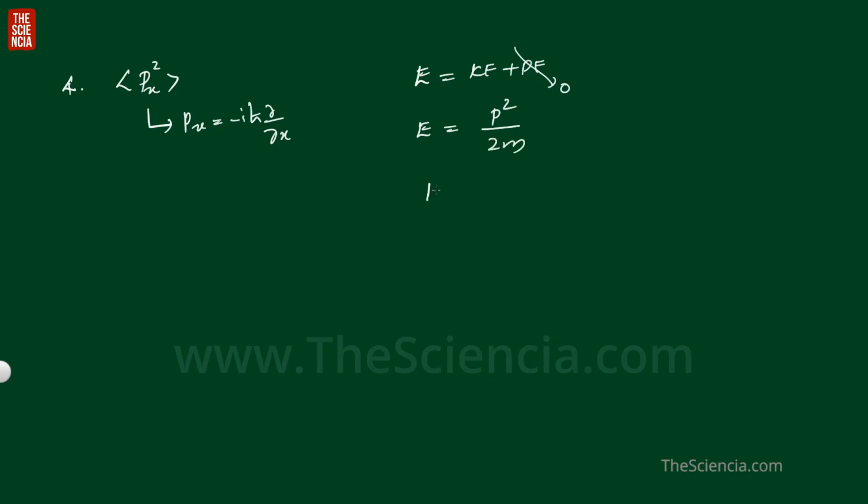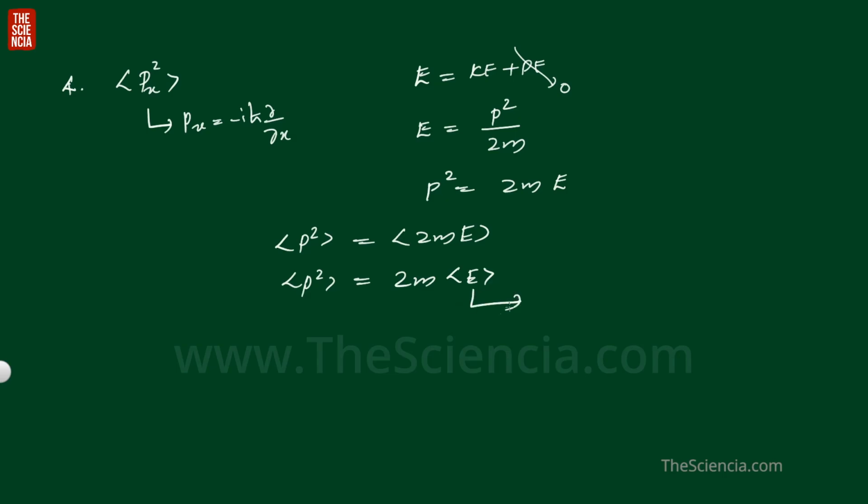So we can rewrite this expression, that is p square is equal to 2m into E. Here what is the question? You have to find out the expectation value of p square, that is expectation value of 2mE. 2m is a constant value, so average value is same as that one, into expectation value of E.